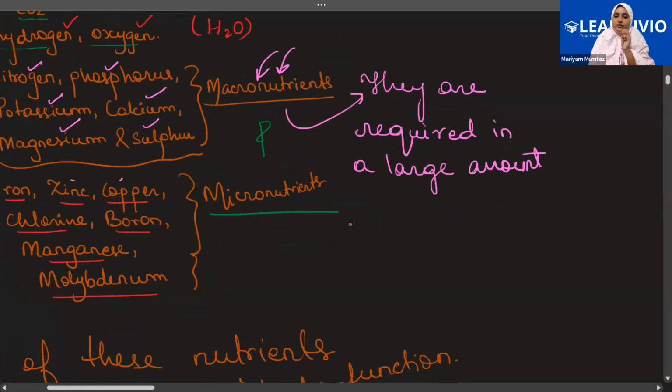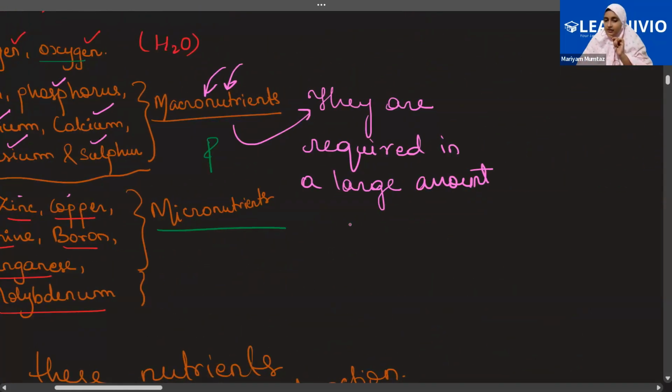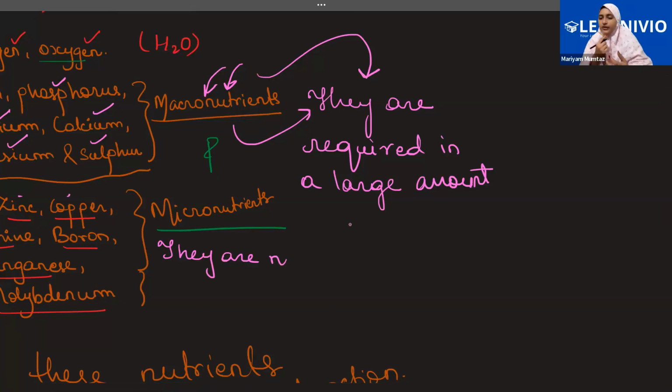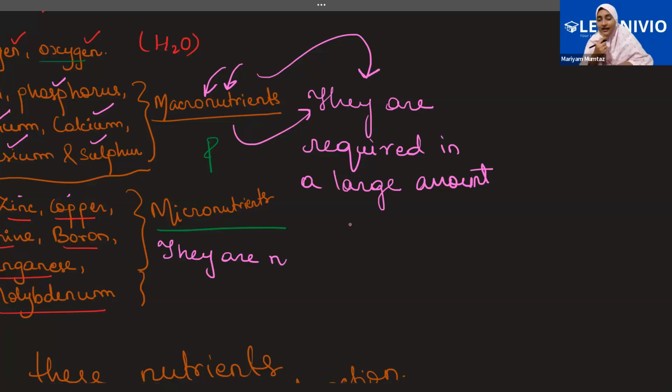Now, those nutrients that the plants require in a large amount, we call macronutrients. And then there are micronutrients, which the plants would require in a much lesser amount. Just like in our food, we require a lot of protein and carbohydrates in our diet, but do we require a lot of iron and salt?